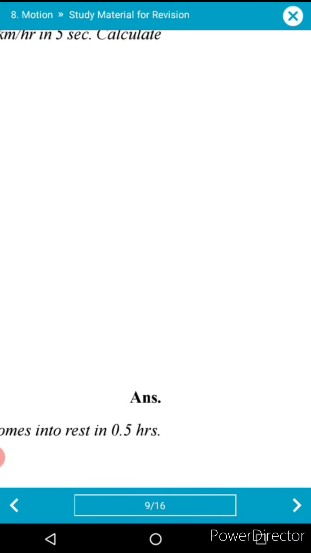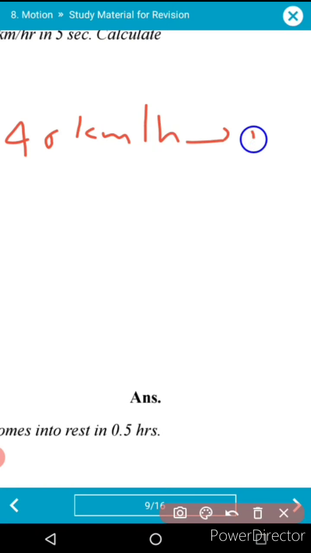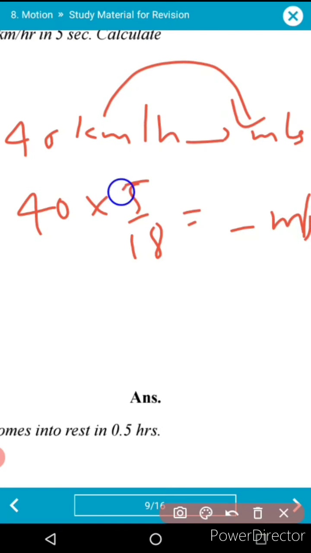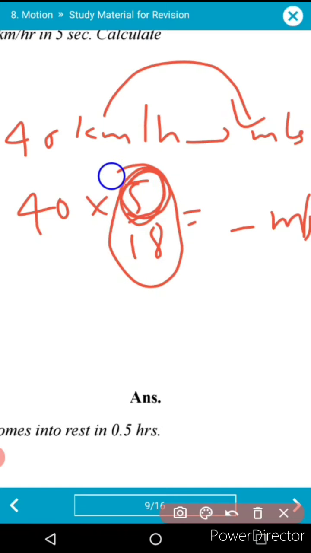For example, we have 40 kilometer per hour. To go into meter per second, you apply 40 times the multiplication factor 5 by 18, so the value is converted into meter per second. We are going from the higher value to the lower value, so in the multiplication factor keep the lower value in the upper position.